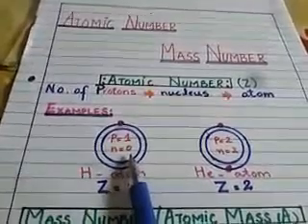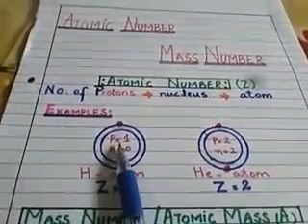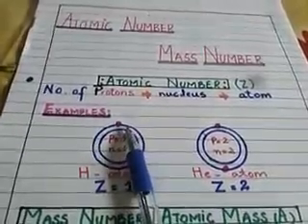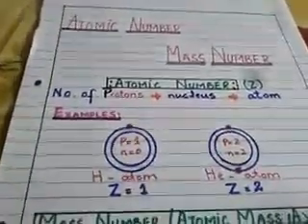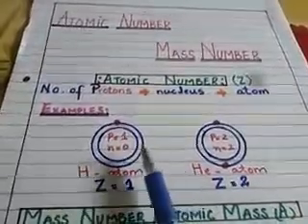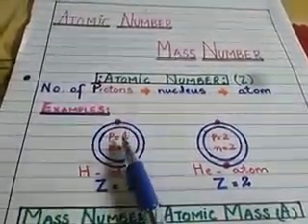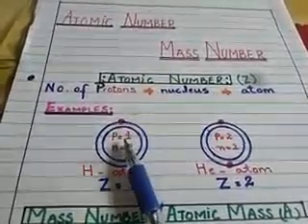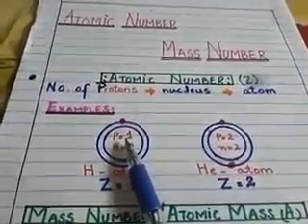As you can see, there is only one proton in the nucleus of hydrogen atom and one electron is revolving around the nucleus. So in order to know the atomic number, we have nothing to do with the number of electrons and we are only concerned with the number of protons present in the nucleus.